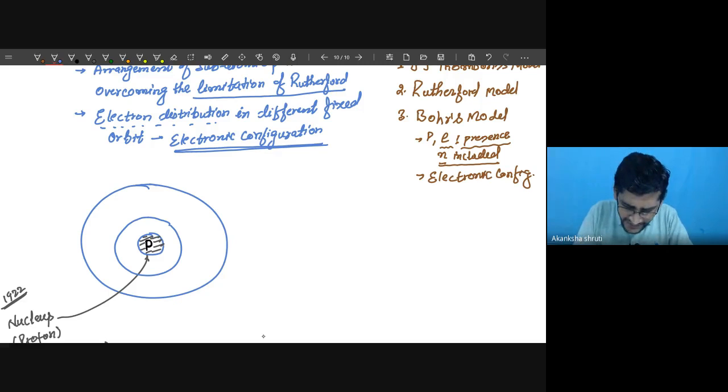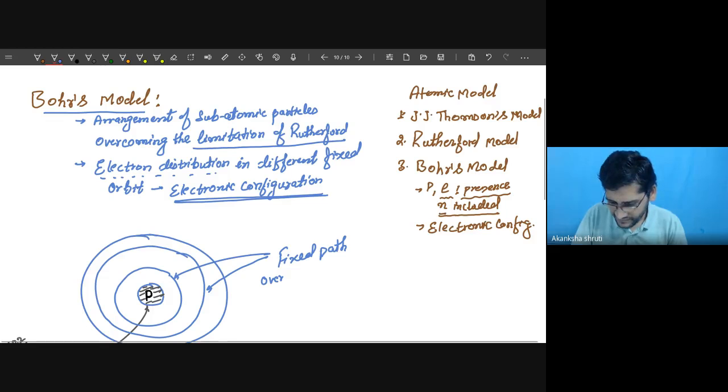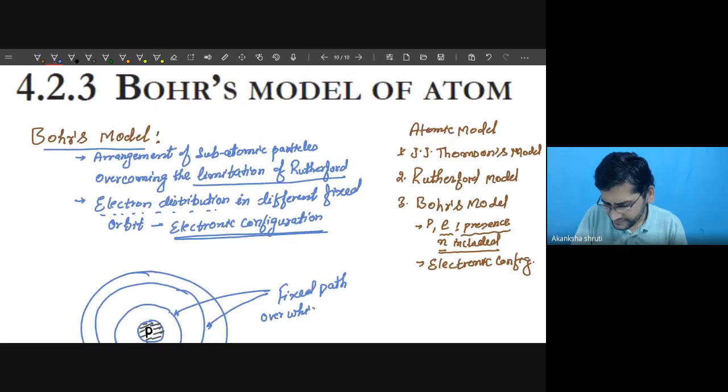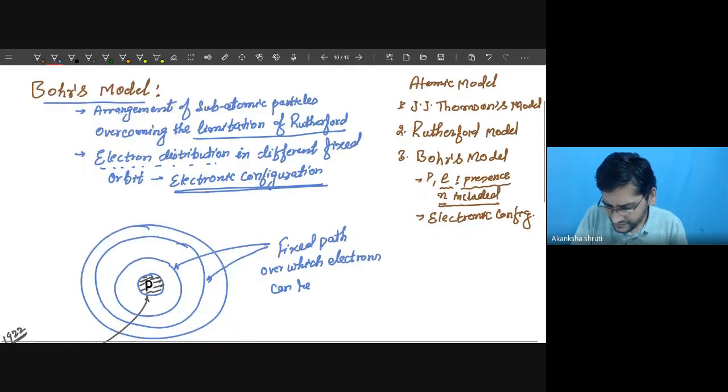It means there is always a fixed path over which the electrons can revolve.